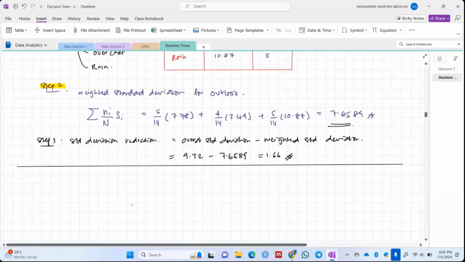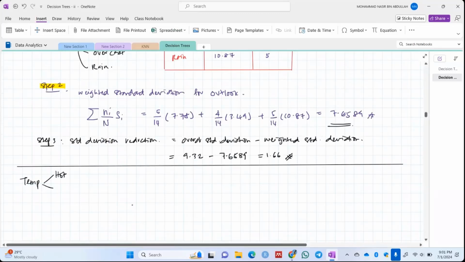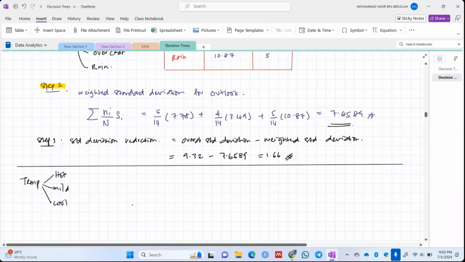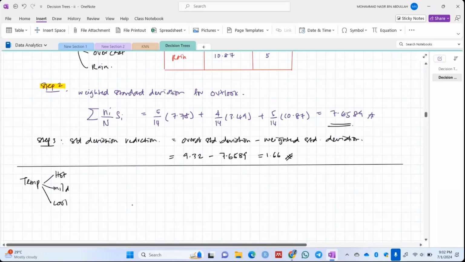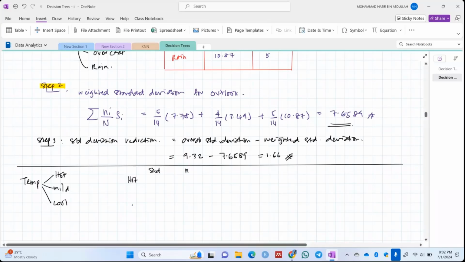So for temperature, we have hot, mild, and cool. So we need to calculate the standard deviation for each category, starting from hot, and N. Mild and cool.